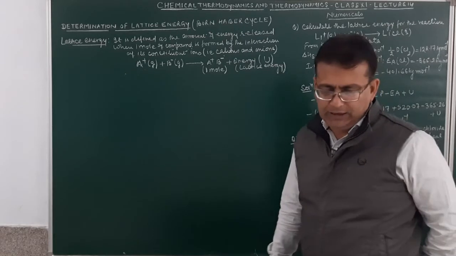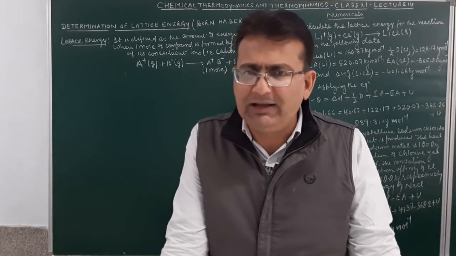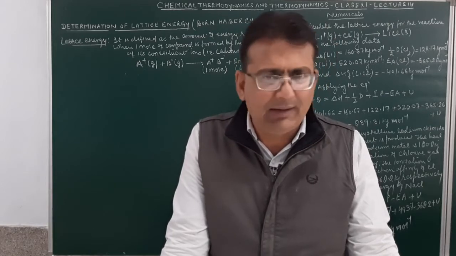Remember, lattice energy is represented by the symbol U. It is always the energy released, so it will be given with the negative sign. Am I clear?